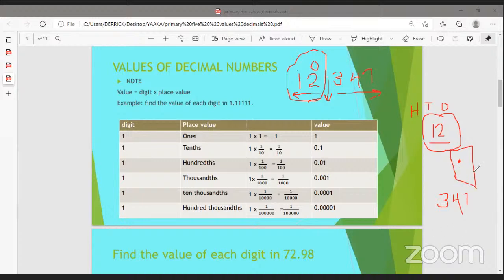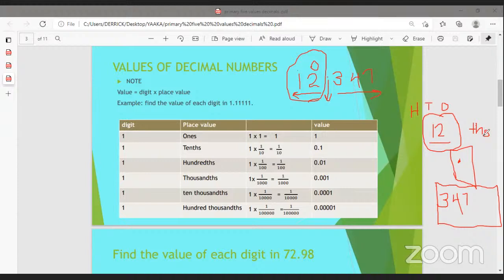So when you have the decimal point here, the digits after the decimal point, here we don't start from the ones place value, they start with the tenths place value. So all the place values after the decimal point will have THS added to them. The order will remain the same, apart from ones because we don't have it near where the decimal point places are.